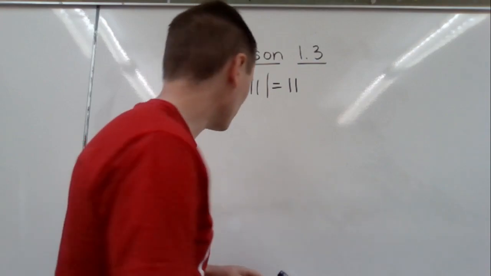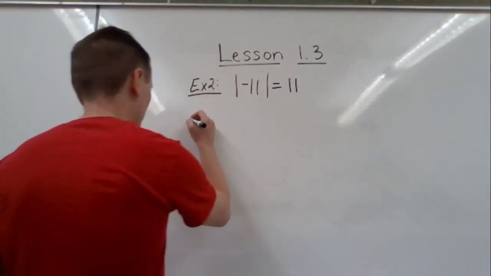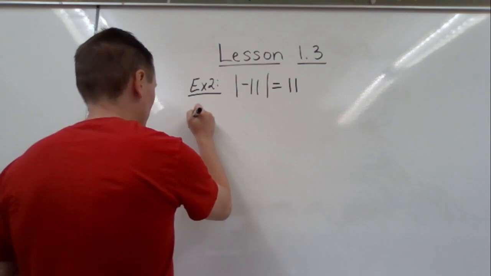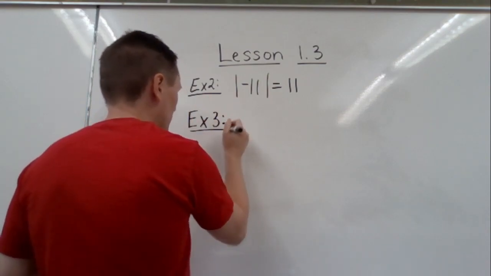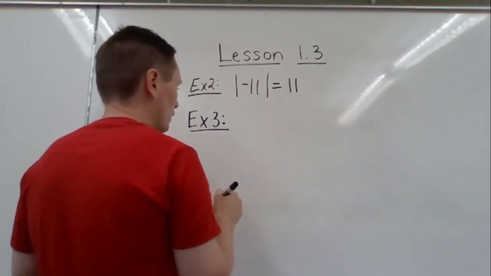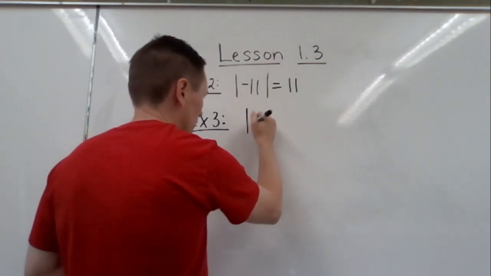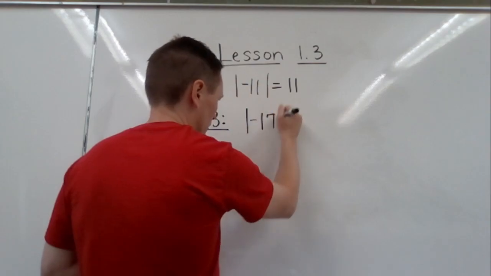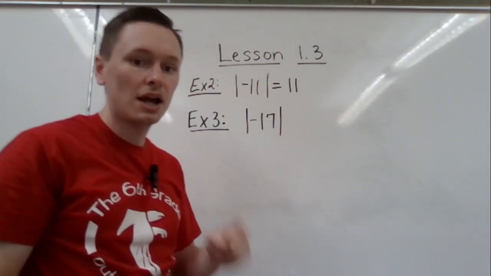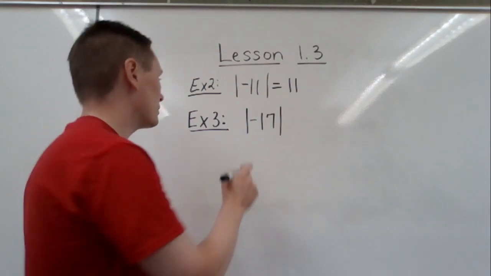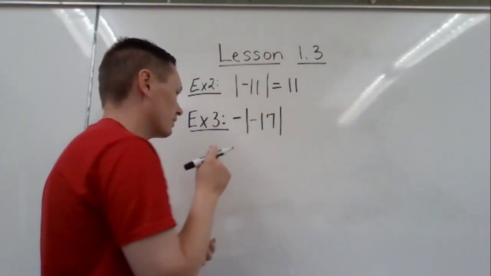All right, let's look at example number 3. Now, this is where sometimes absolute values can get a little tricky. So you need to be careful when you're working through the problem, and you're like, oh, well, that's easy, negative 17, I already know the answer. However, what if we put a negative in front?